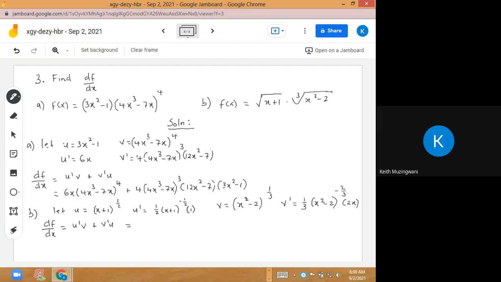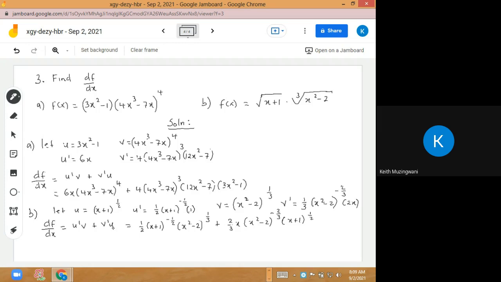This is the same as half (x plus 1) to the power negative half multiplied by v, which is (x squared minus 2) to the power 1 over 3, plus v prime, which you can write as 2 over 3 x multiplied by (x squared minus 2) to the power negative 2 over 3, multiplied by u, and u is (x plus 1) to the power half.